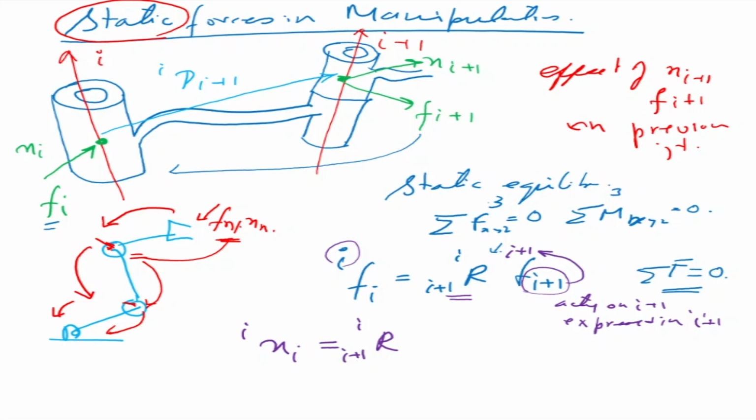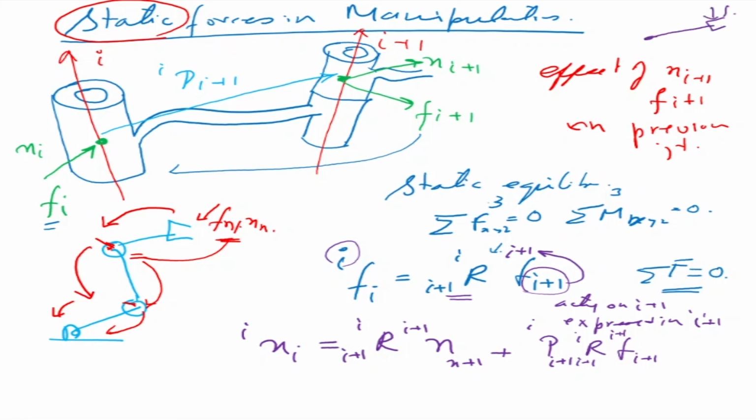In terms of the moment, it is the moment acting on the i plus 1th frame expressed in the ith frame, plus Pi plus 1, so this will become force into moment. There is going to be an Ri i plus 1 into Fi plus 1 i plus 1. So you know that there is a force acting here.